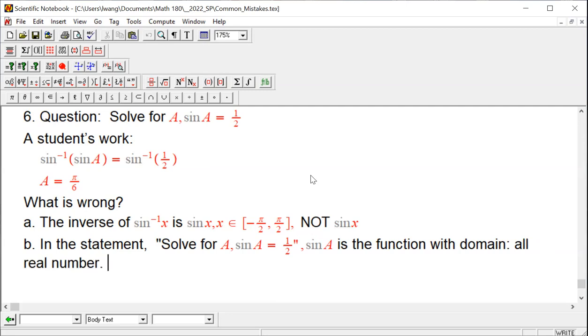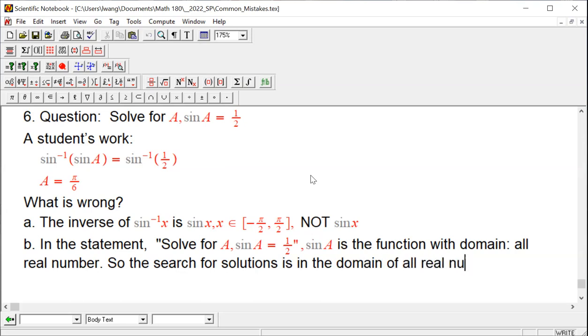So the search for solutions is in the entire domain of all real numbers. Okay. All right. So this is the mistake.